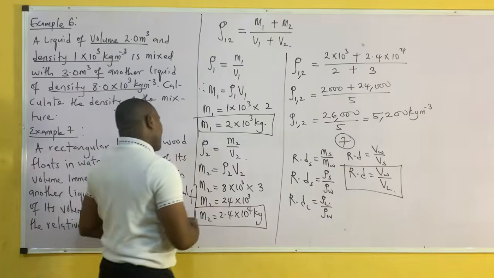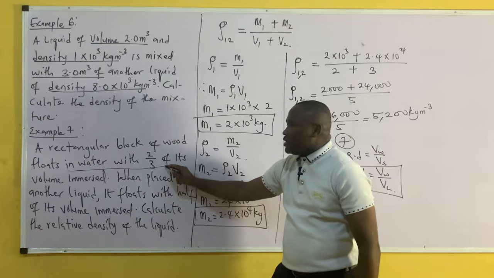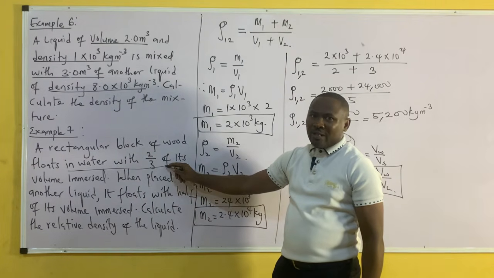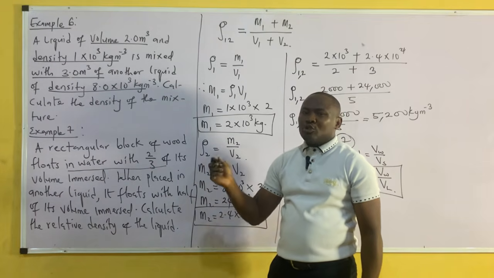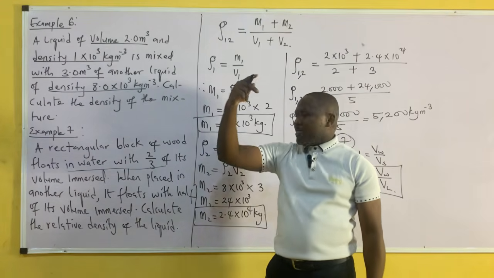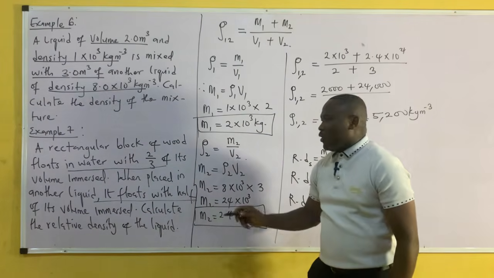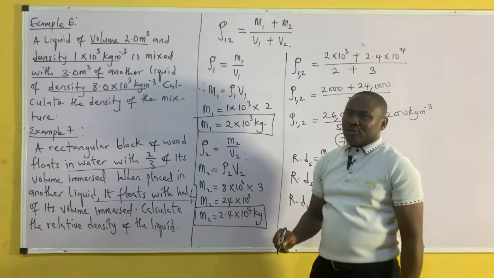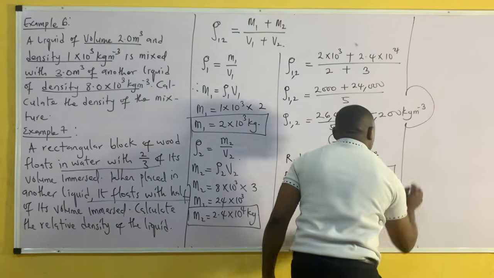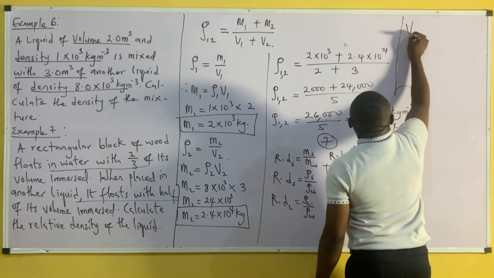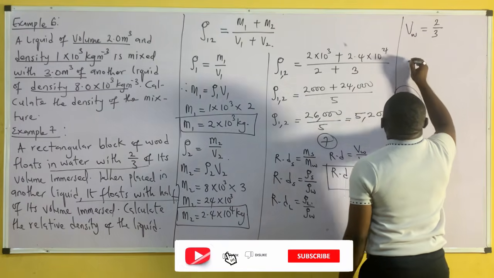So I can show it back to you that in water, it is 2/3 that was immersed. Now, it is always the portion in the water, not the portion out of the water. Then in another liquid, it is half of its volume that was immersed. So I can say volume in water is equal to 2 over 3.